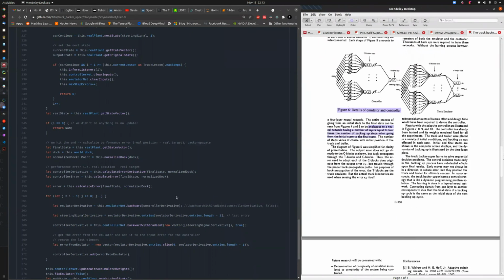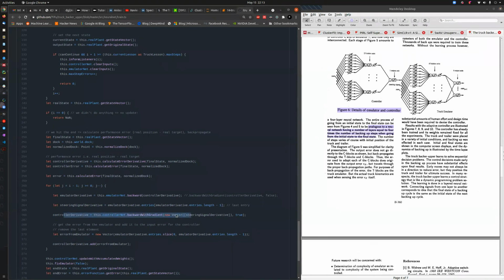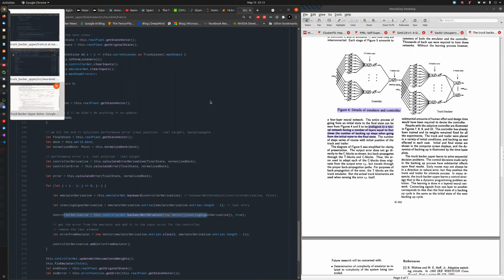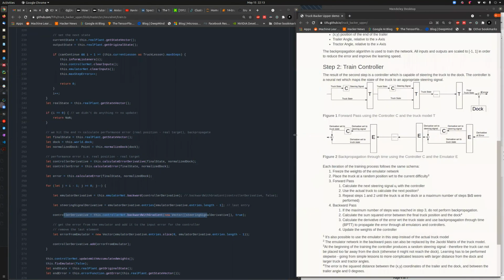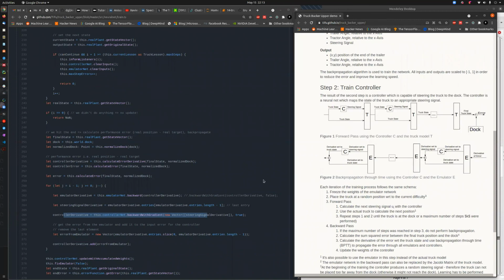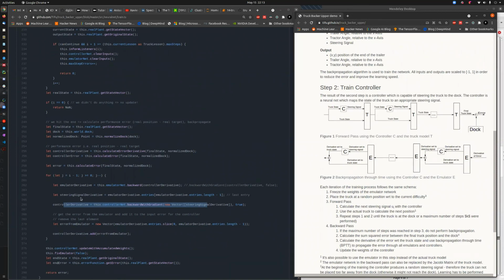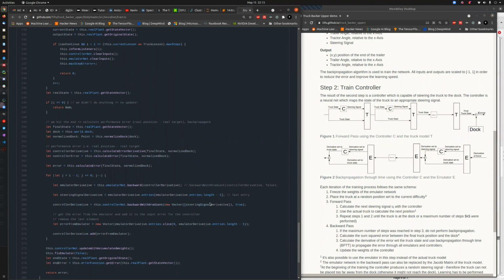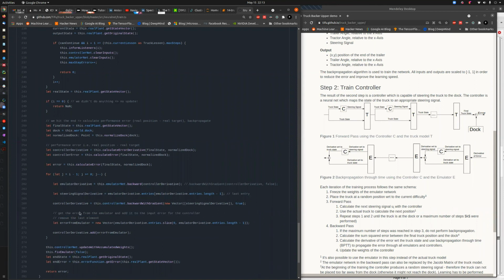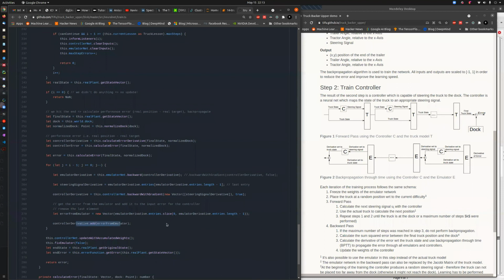Looking at this, the controller is derived with the backward gradient step. You can see the architecture here, the actual implementation. Get the error from the emulator and add it to the input error for the controller, and this is being propagated for j equals i minus 1 to 0.